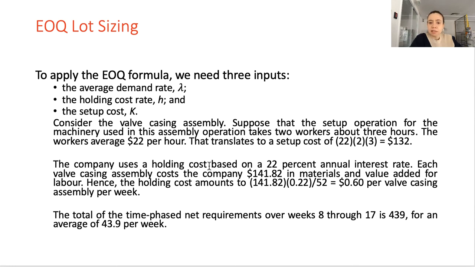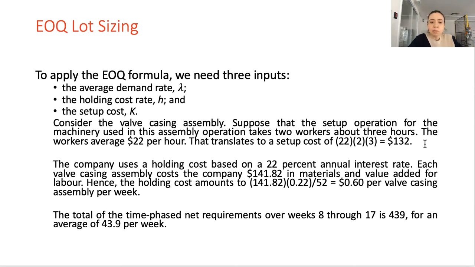For this setup, it takes two workers about 3 hours, and we pay $22 for the workers per hour, and that translates to a setup cost of $132. So when we plan a production, each time we have such a setup cost.